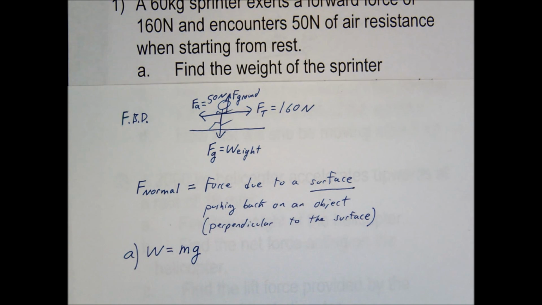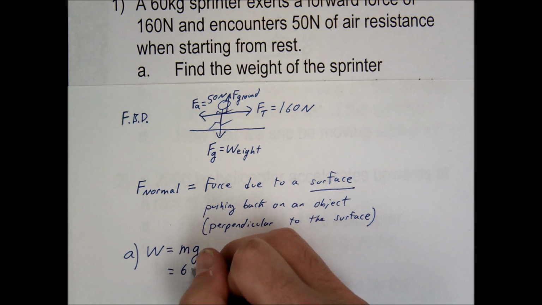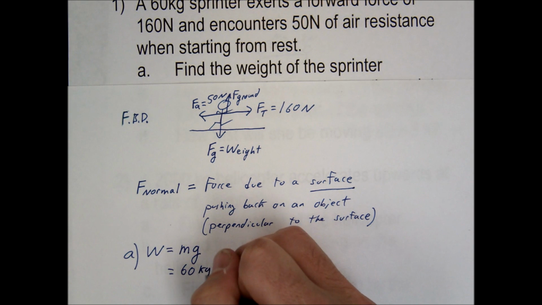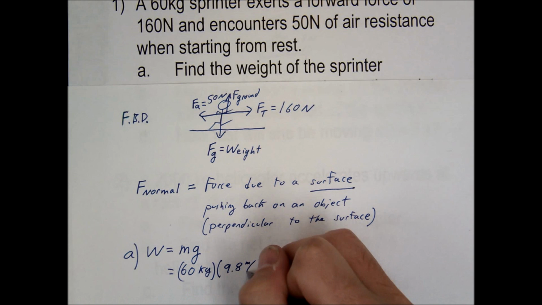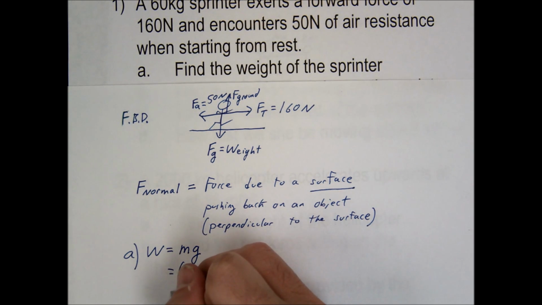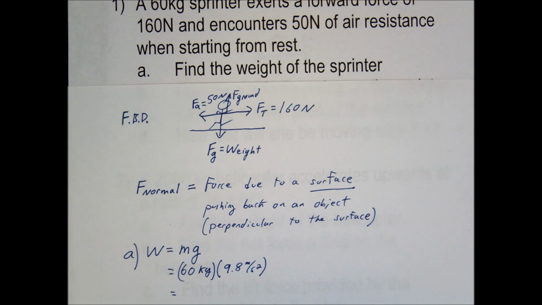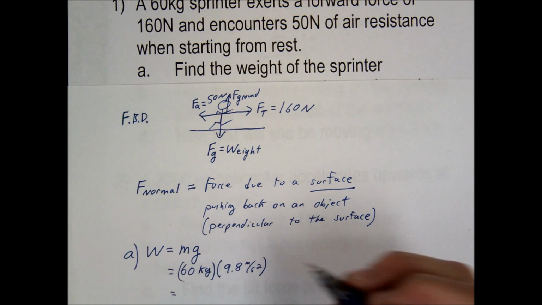How do we find the weight? Okay, mass times gravity. To find the weight, you're just going to multiply the mass times the acceleration of whatever planet you happen to be on. Most of the time we're going to be on Earth in these problems. Sometimes they'll say, what's your weight on the moon? Typically we are not going to be using negative 9.8 here. We're going to deal with that negative in a different way, so just leave it positive.